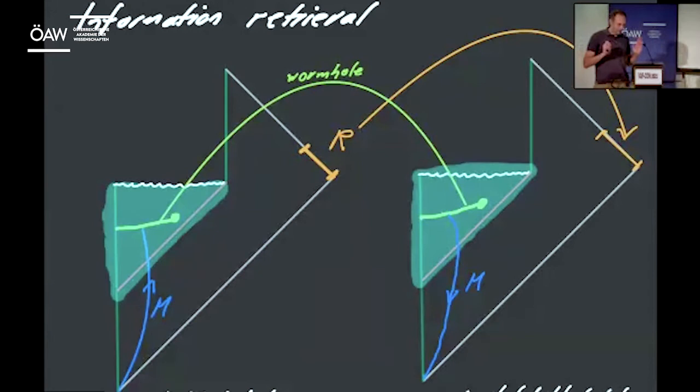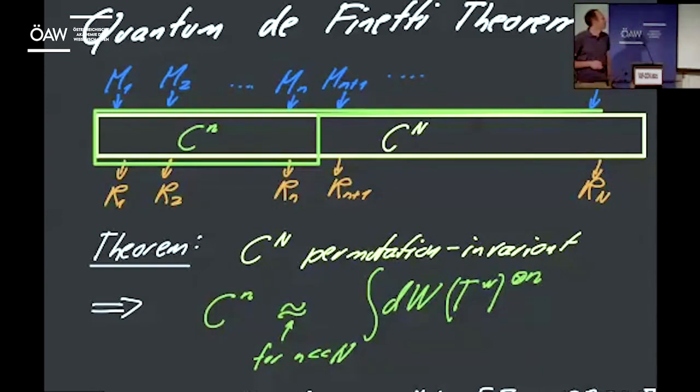So as I said, if you haven't heard about this before, this sounds probably pretty strange. So let me tell you something much more down to earth, which was the other part of the title, and at the end I will connect these two things. Okay, this is the quantum de Finetti theorem, in the version I'm presenting here, which is not the original version.